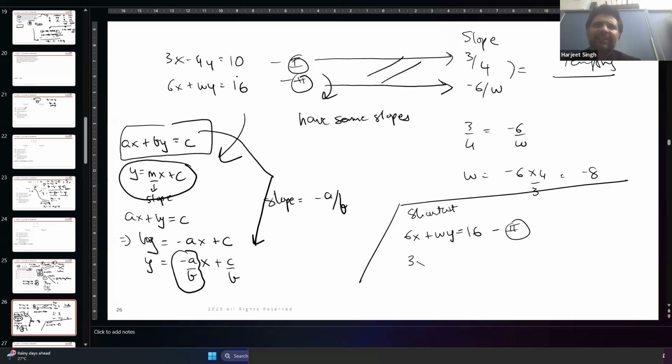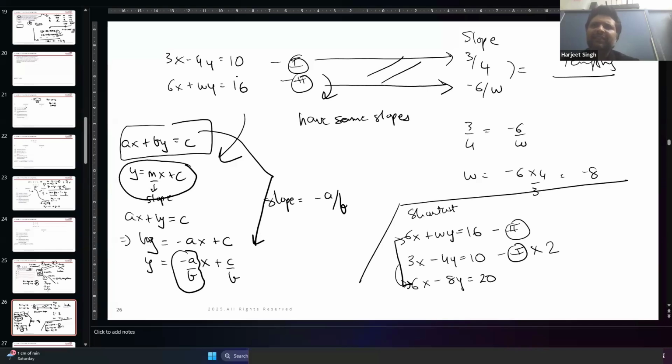Equation 1 is 3x minus 4y equal to 10. If I were to multiply 1 by 2, I will get the same coefficient of x, which means I get 6x minus 8y equal to 20. So now I can directly compare and contrast.